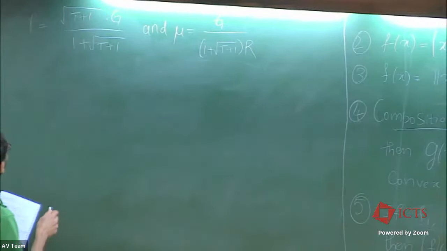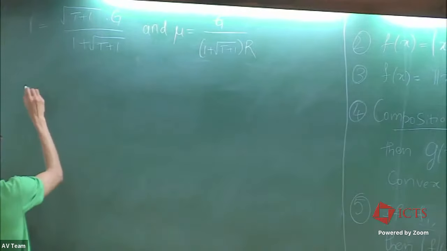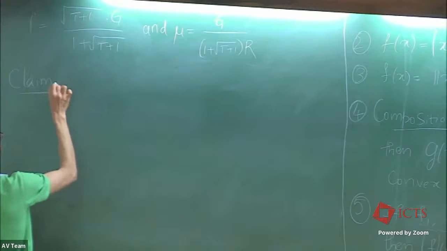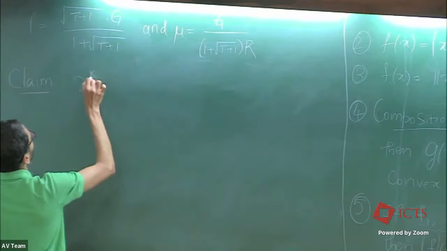Okay. So first, let's compute. Let me first say the following: the claim is that x star is given by the following.